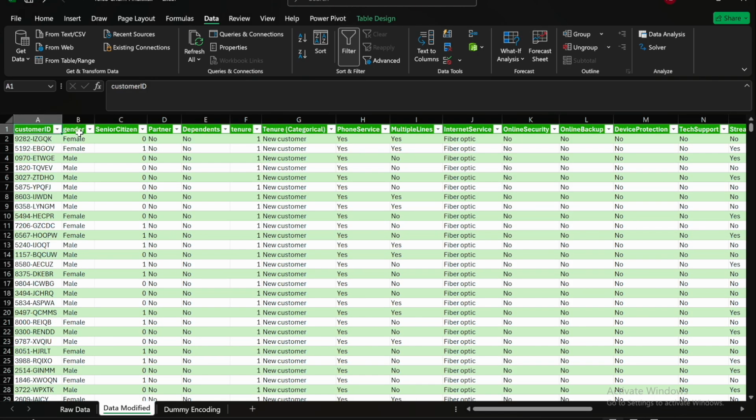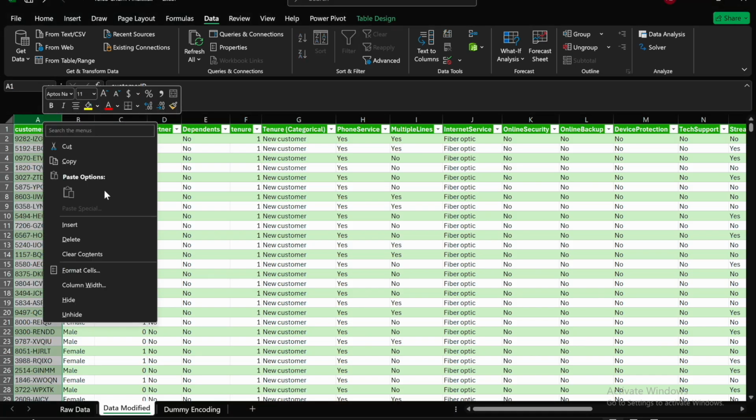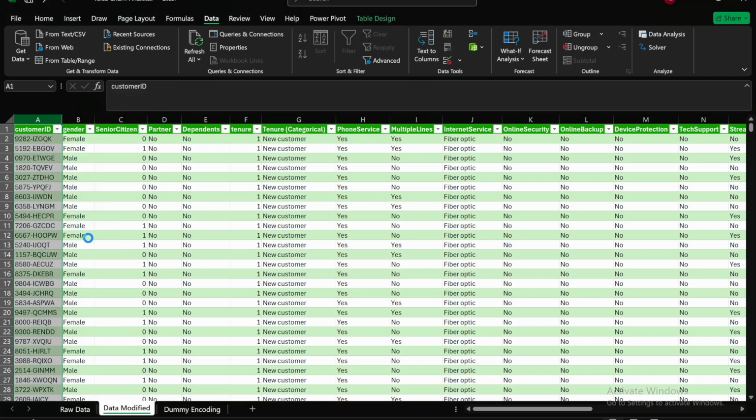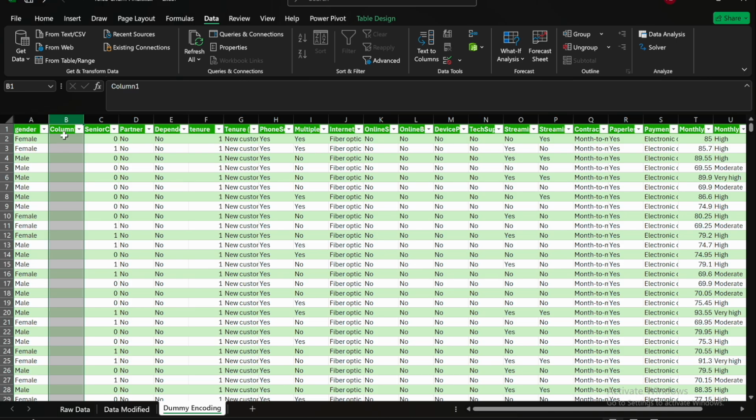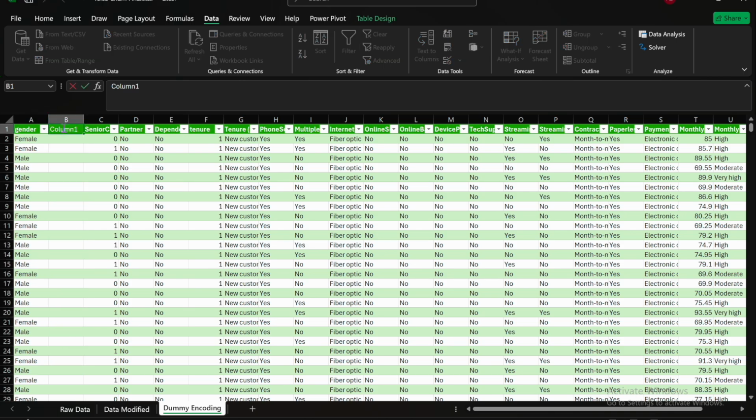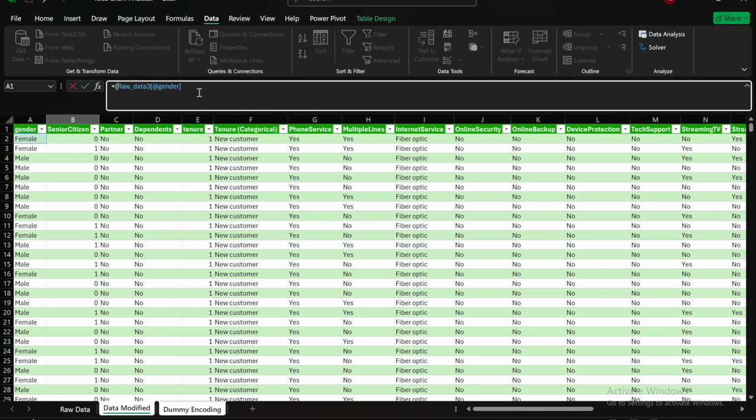Then in this new worksheet, I removed the customer ID column because it was unnecessary, and also inserted new columns for dummy encoding. I dummy encoded male and female.